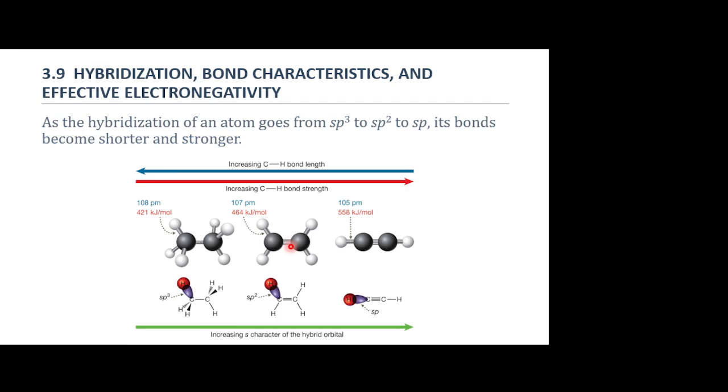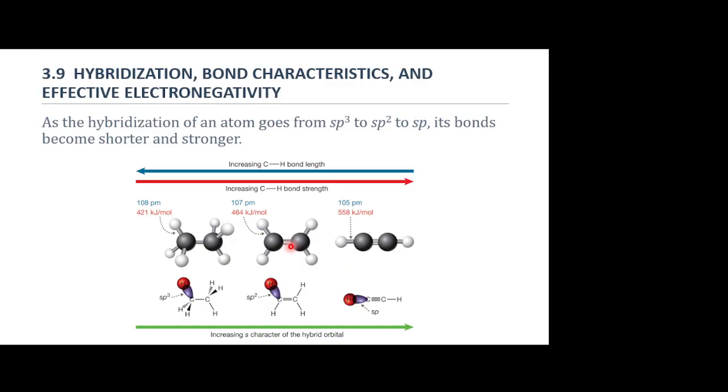The other thing that's happening is, remember, s orbitals are lower energy, right? So if I average something that's real low energy with 3 things that are higher energy, what happens to the energy? It goes up. If I average it with 2 things instead, it goes up less, doesn't it? 1 thing goes up even less.